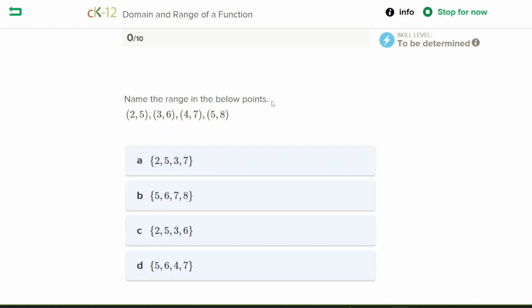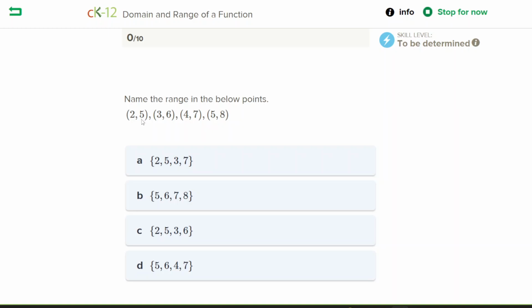All right. So here in this first example, we're asked to name the range in the below points. All right, so we're given some points, or what are sometimes called ordered pairs. We have the ordered pair 2, 5, and the first value in an ordered pair is typically referred to as the x coordinate or x value.